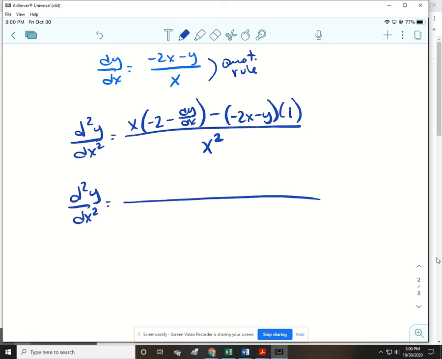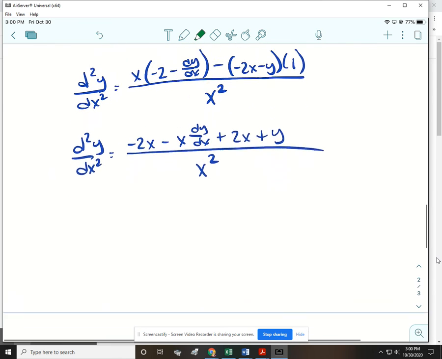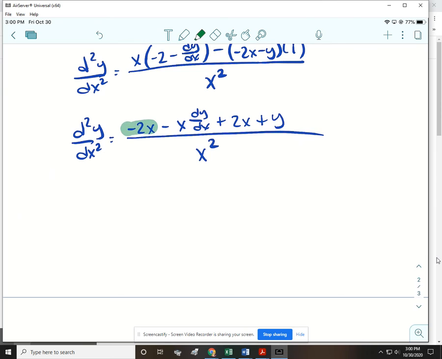I'm going to do a little distributing. And then I noticed that in the numerator I have negative 2x plus 2x, so those are going to cancel out and become 0. And then I'm also going to go ahead and plug in my dy over dx.